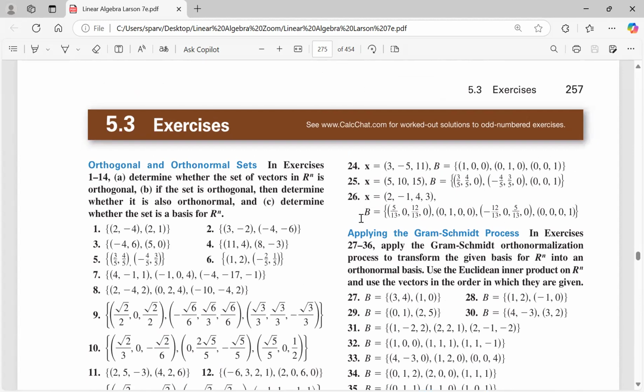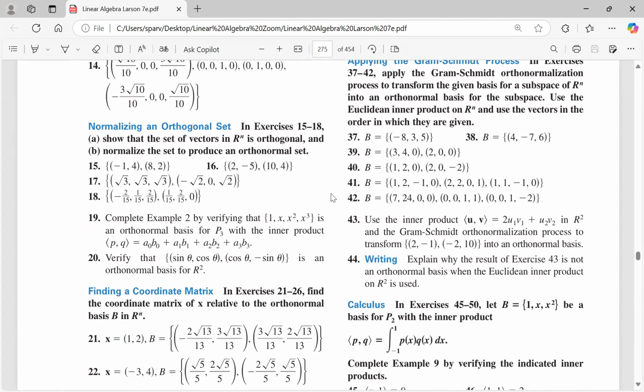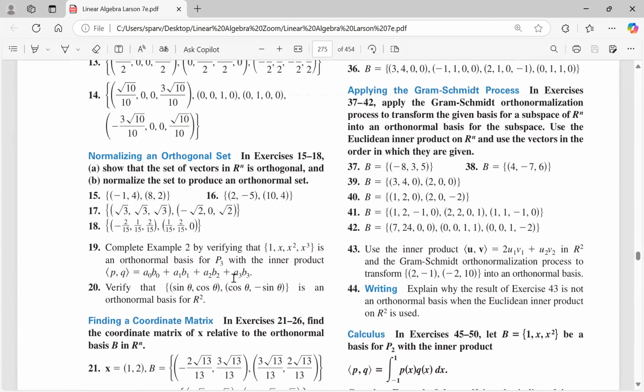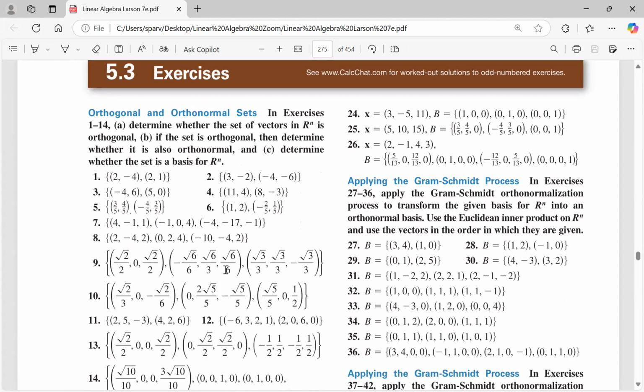Okay, so in number 26, again, the question reads, find the coordinate matrix of X relative to the orthonormal basis B. Coordinate relative to orthonormal. Okay. So this is section 5.3, number 26. I'm going to write the matrix X, or you can think of it as a vector.